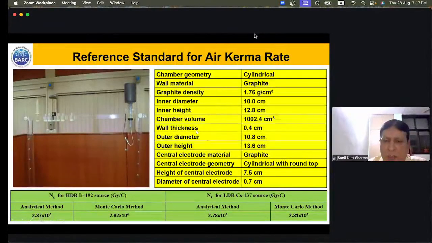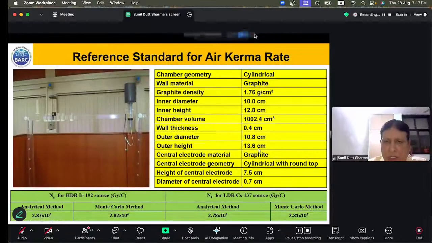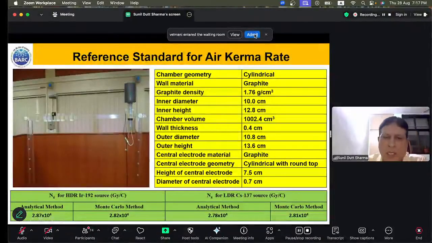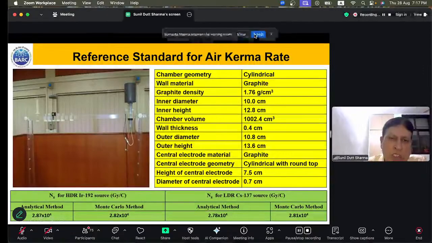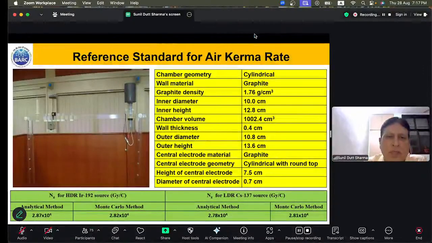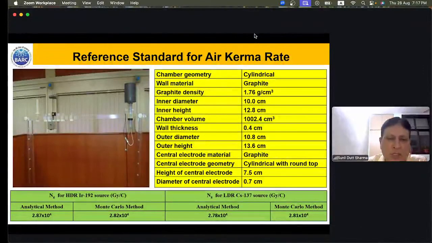Outer diameter of this cylindrical chamber is about 10.8 centimeter, and height is 13.6 centimeter, which you can see in this figure. This is the homogeneous graphite cylindrical chamber, which is used as a reference standard for calibration of hospital bell type chamber or hospital chambers used in brachytherapy by our standards laboratory also.